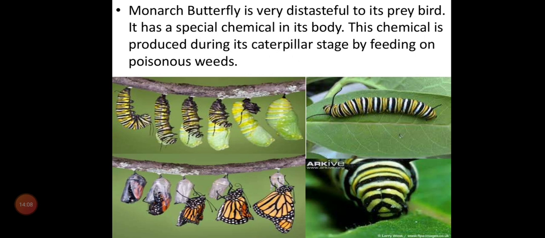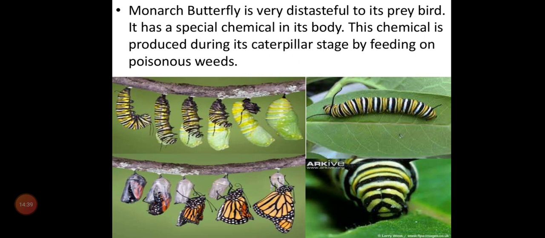This chemical is acquired during its caterpillar stage. Why does it possess cardiac glycosides? When it was in the caterpillar stage, it used to eat a poisonous weed, called the milkweed plant. Milkweed is a very poisonous plant. It was eaten by the monarch butterfly in its caterpillar stage.